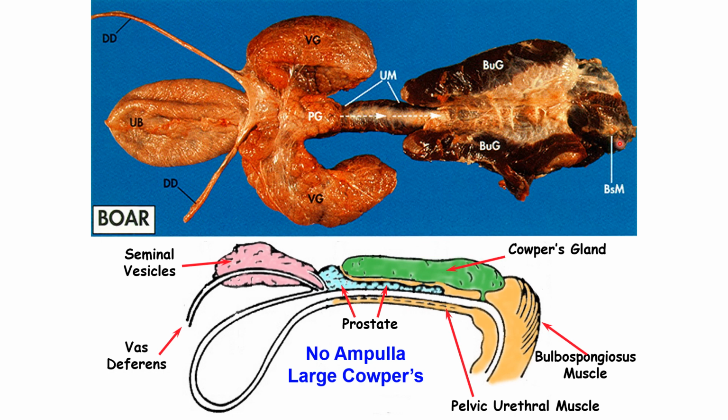We also have the bulbospongiosus muscle. The distinct feature of the boar's pelvic genitalia is that it has a large Cowper's gland, as seen in this diagram, and it has no ampulla, as seen in this portion here. So the vas deferens is not enlarged to enter this part of the pelvic genitalia.